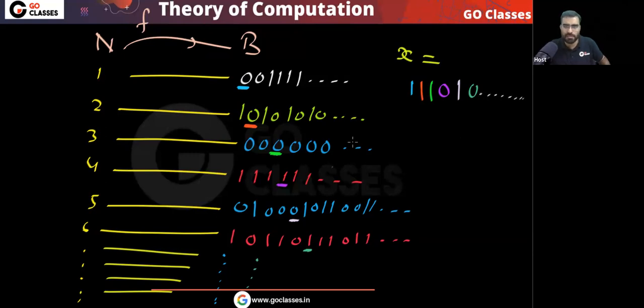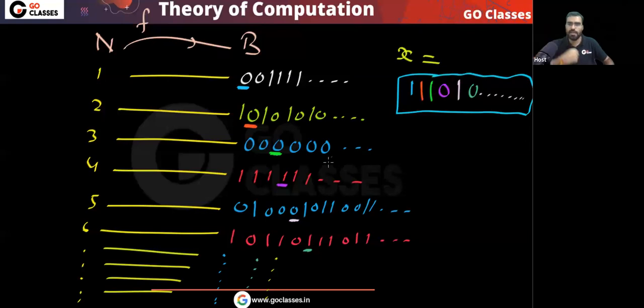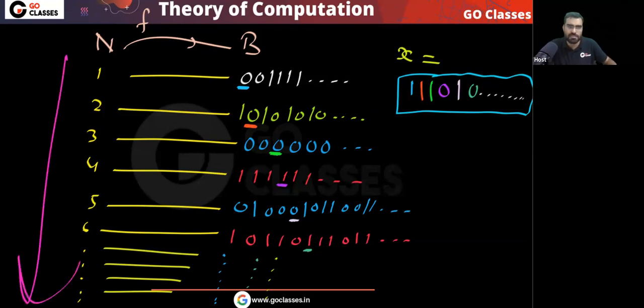Like this I will keep doing. First of all, tell me, is this an infinite length string? This X that you will get, can you guarantee it has infinite length? How can you guarantee X has infinite length? Because this is an infinite sequence.